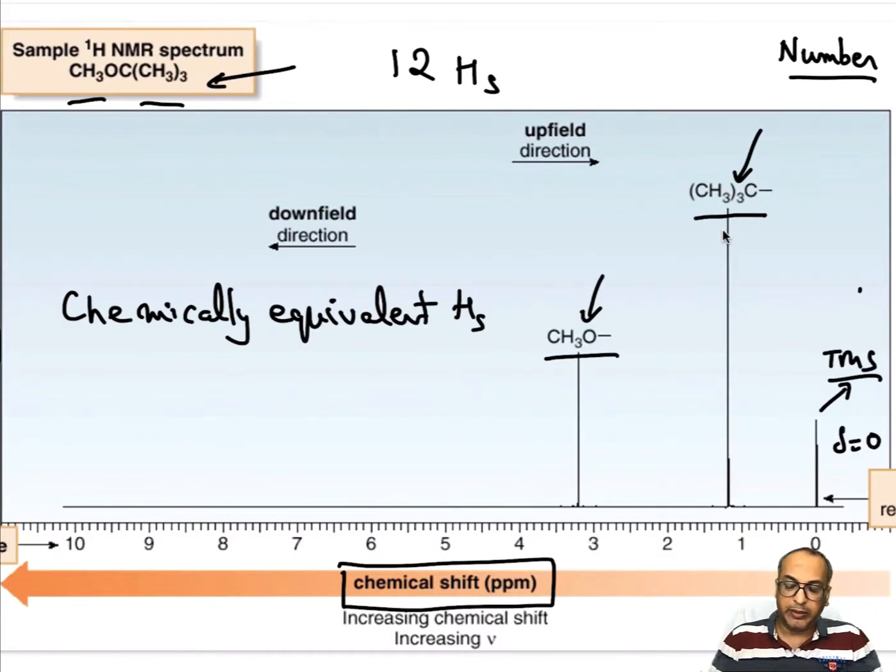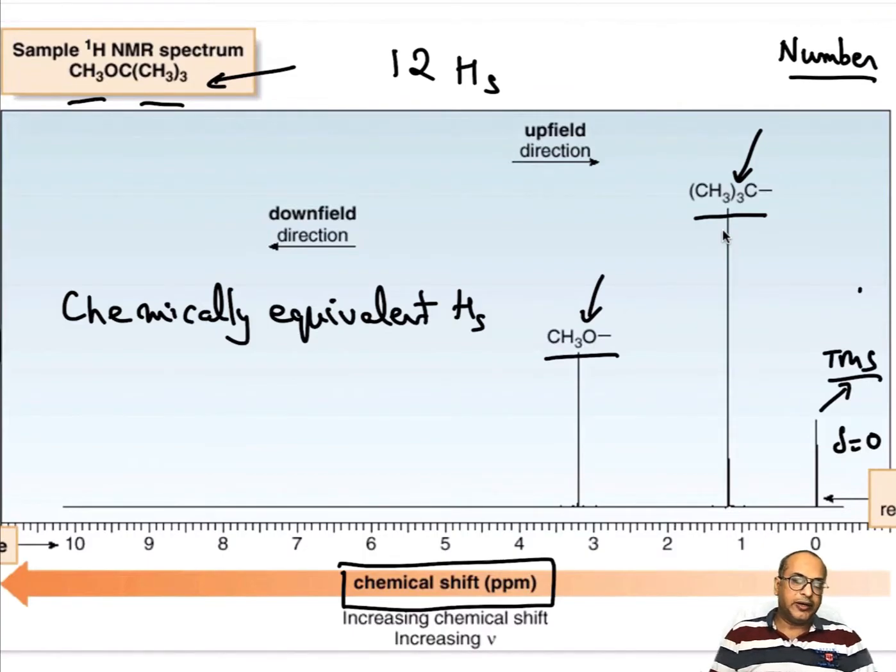That's why their chemical shifts are the same, and thus all 9 protons are resonating at an identical chemical shift, giving rise to this signal. Similarly, methoxy protons are chemically equivalent, and all these 3 protons are resonating at 3.2 ppm. So all of them are resonating at the same chemical shift, right?